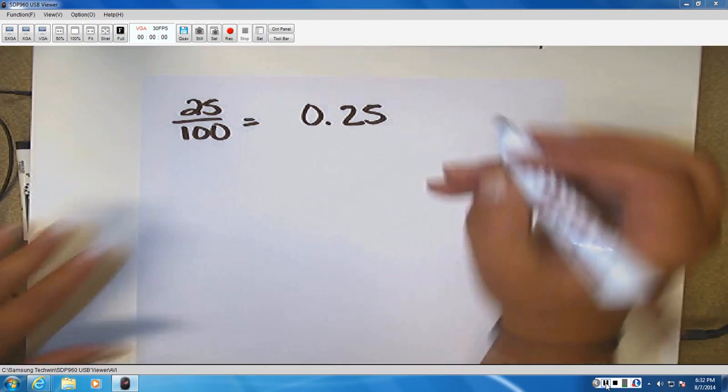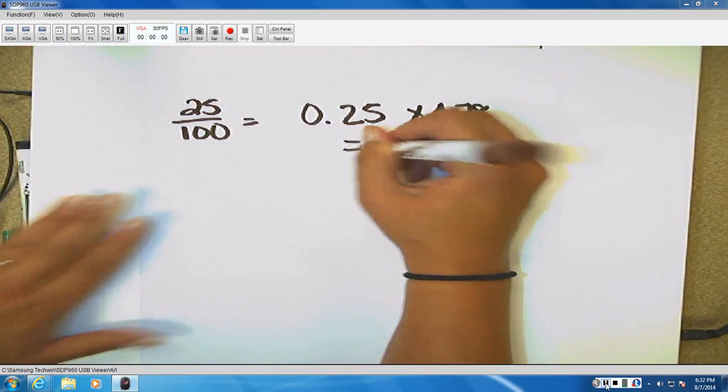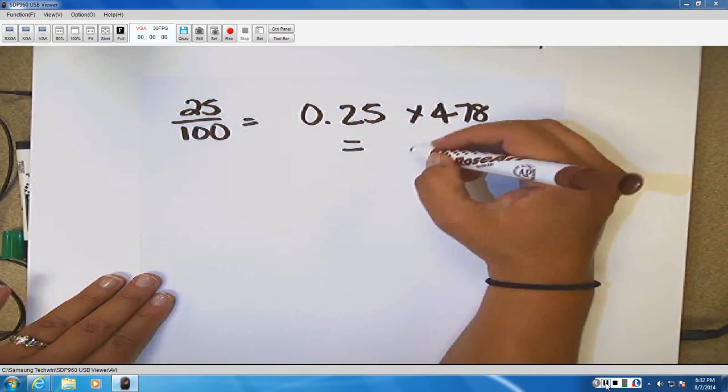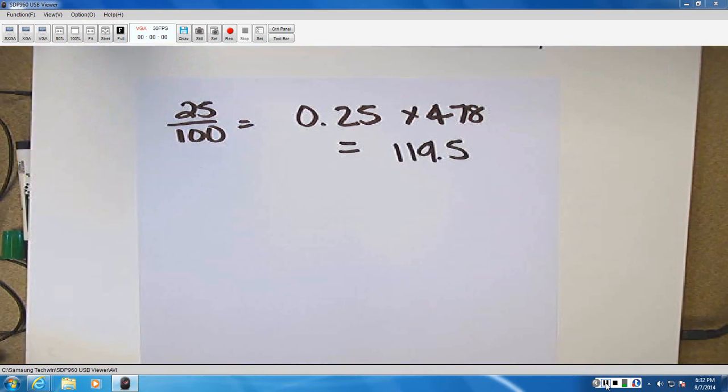I then take that number, and I'm going to multiply it by my 478. So 0.25 times 478, and I get 119.5. So to answer the question, what number is 25% of 478? That is 119.5.